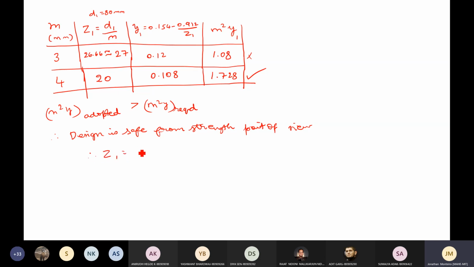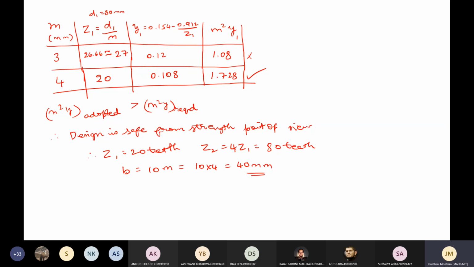Therefore z1 is 20 teeth and z2 is 4 times z1, which is 80 teeth. And the face width is 10 times m, which is 10 into 4, 40.